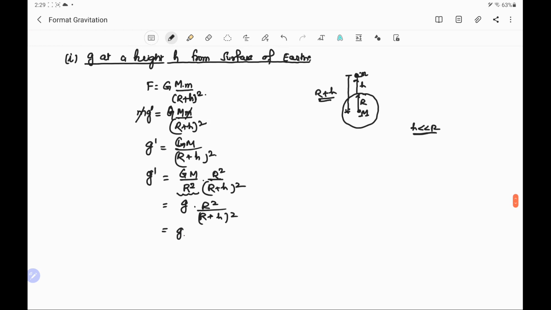This R square in the numerator and denominator can be divided by R square. So in the numerator I get 1 and in the denominator I get (R plus h) whole square by R square, and if we take R square inside, this is 1 by (1 plus h by R) whole square.